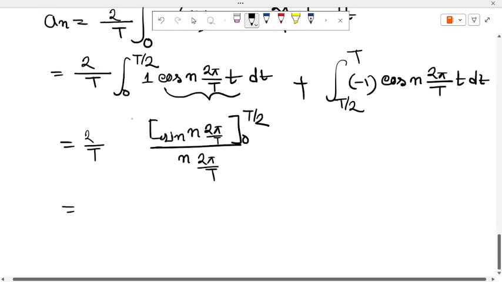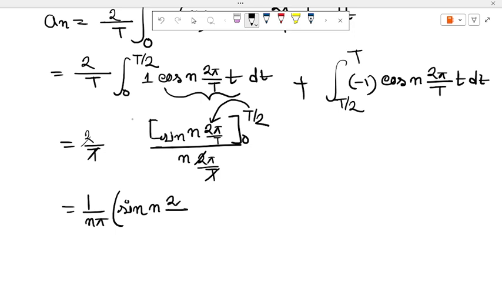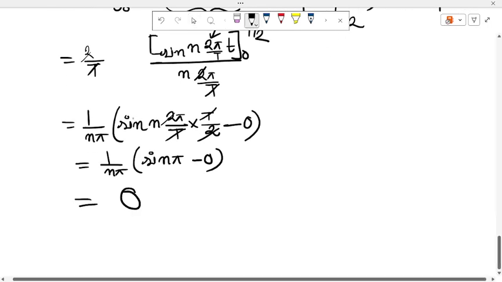Now I have to write here 2 by T. One thing you should have noticed, that 2 cancels out, then T cancels out, so I have 1 by n pi, and if I put T by 2 here, I will have sine n 2 pi T by 2, then minus 0, so I will have 1 by n pi, 2 cancels out, T cancels out, so I have sine n pi minus 0. Sine n pi is always 0, so this term is equal to 0.